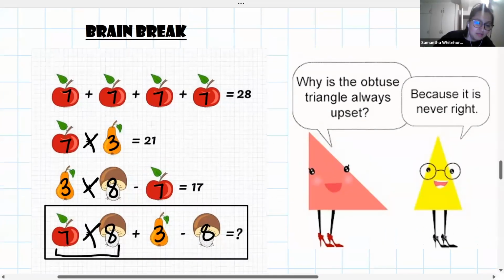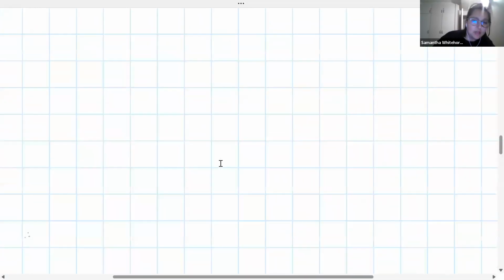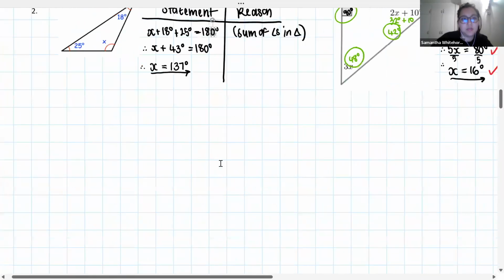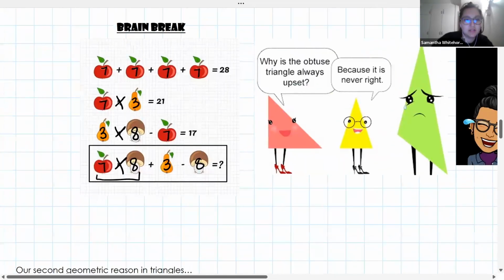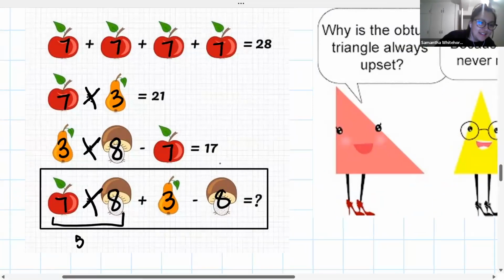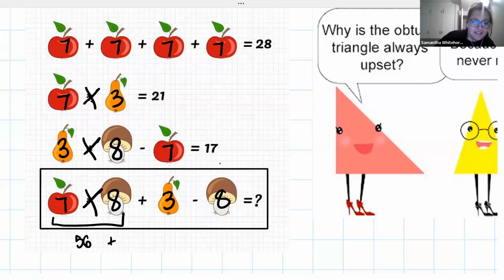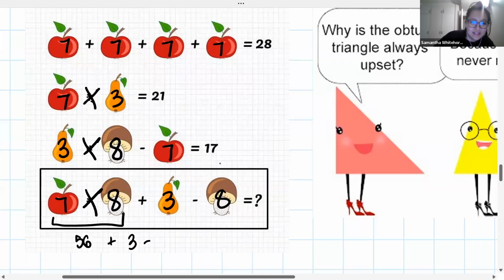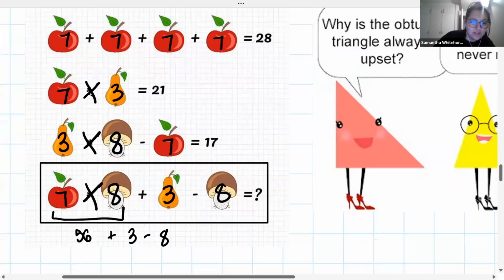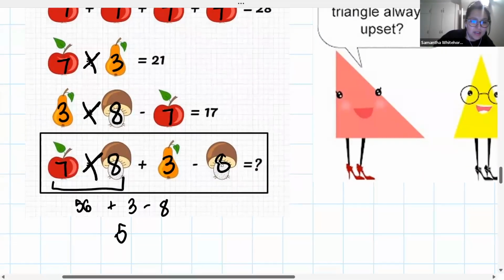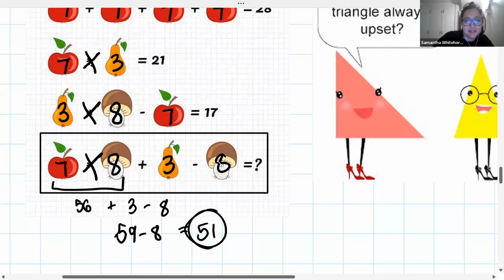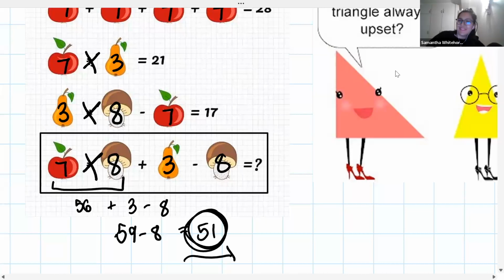Then I added 3, which gives 59. Okay, so 56 plus 3 is then 59. Then I minus it by 8, which gives 51. Excellent. Well done. Nice, Mutebang. Thank you so much.